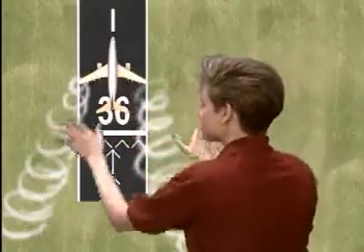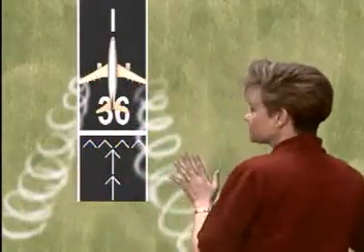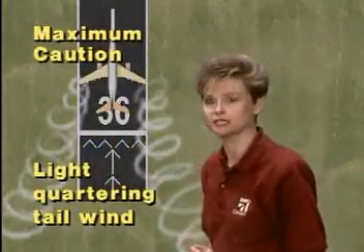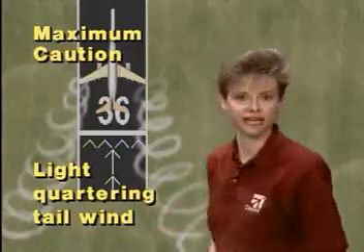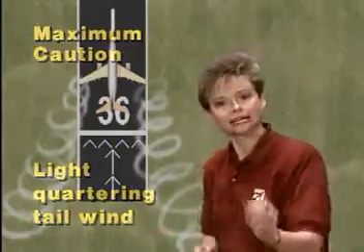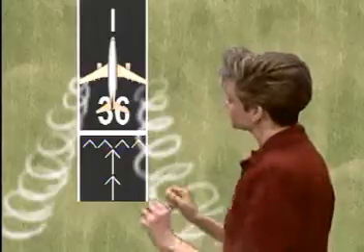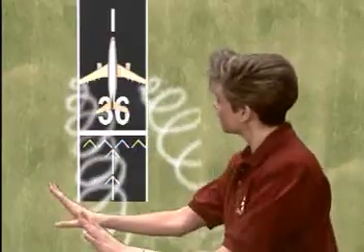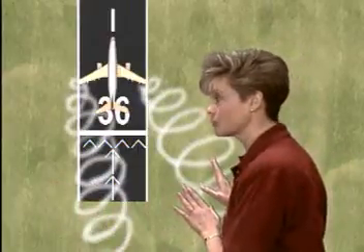Also, you need to know that when the vortices get near the ground, they tend to spread apart and drift with the wind. And the one condition that requires maximum caution when you're avoiding wake turbulence is a light quartering tailwind. Now here's why. Let's assume that these vortices drift apart at a rate of 5 knots. And let's assume that you have a 5-knot quartering tailwind.